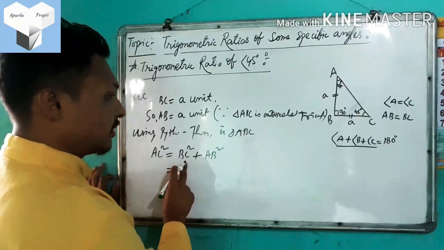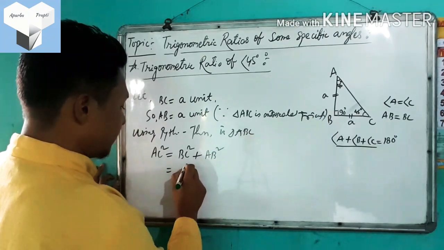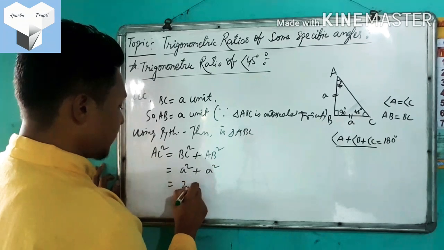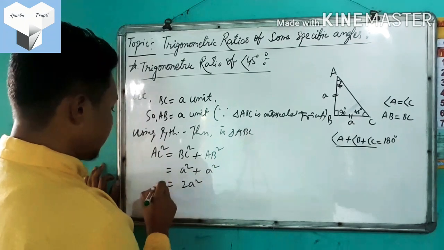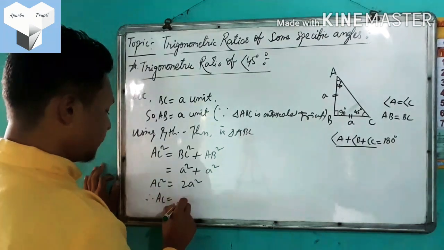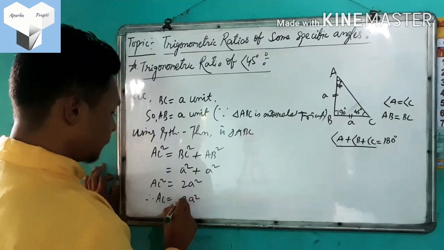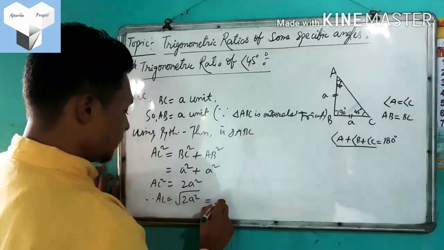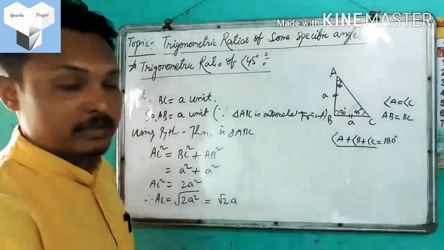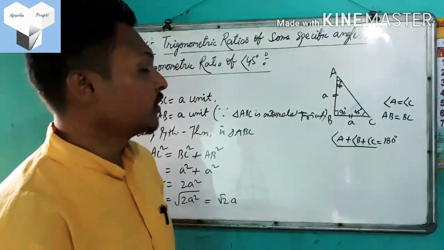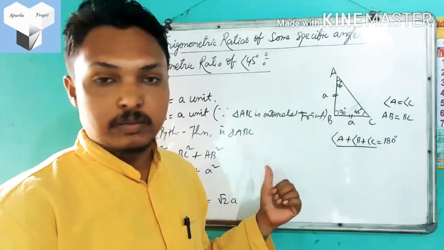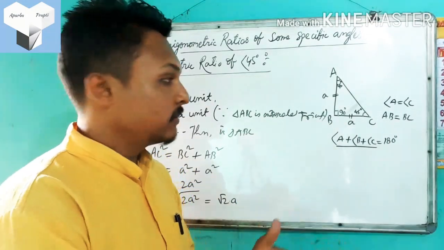So here the length of BC is taken as a and AB is taken as a. a square plus a square is twice a square. That is the value of AC square. We need to find the value of AC. Then it will be, guys, square root of twice a square, that is root over 2 into a into a. So root 2 a we can say. So for our convenience we have evaluated the length of AC by using Pythagoras theorem. Yes. Now next will be very easy.